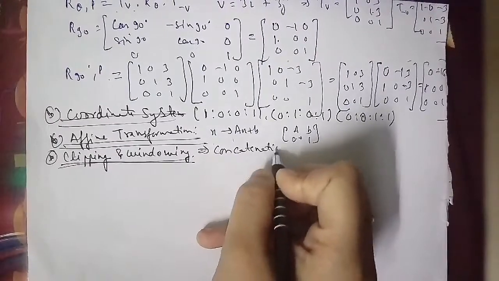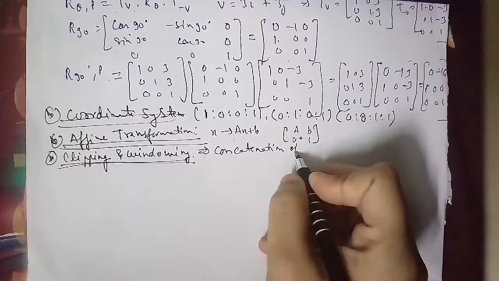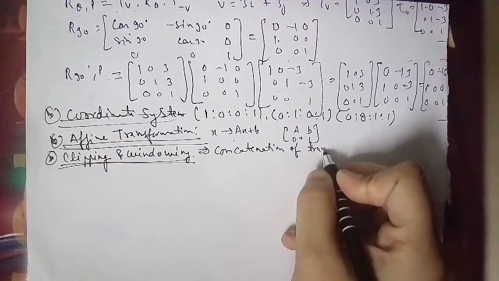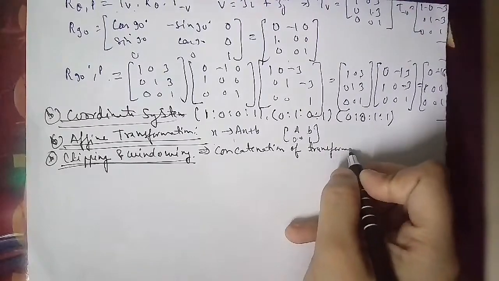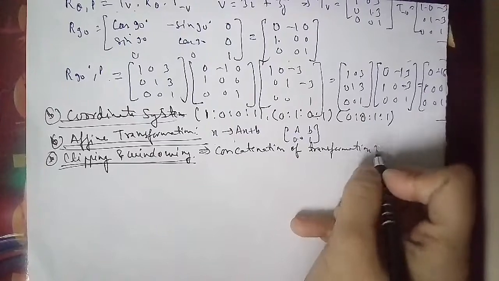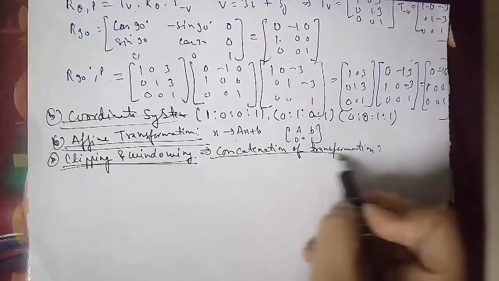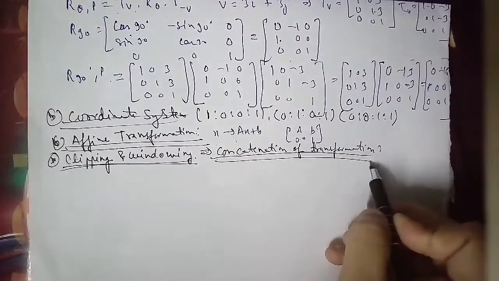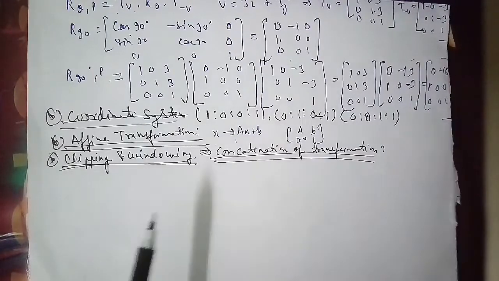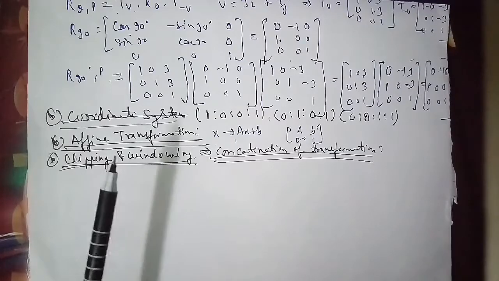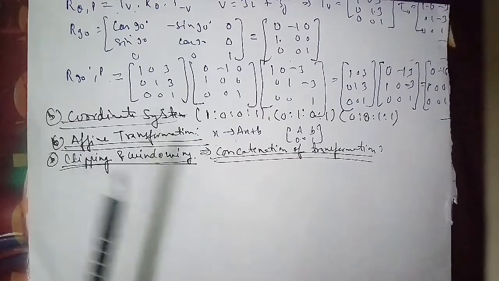In concatenation of transformation, single transformations can be combined as a sequence of transformations, and this is called concatenation. The combined transformation is called a concatenated transformation.